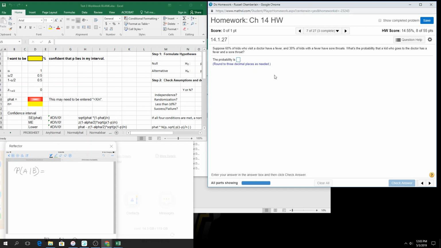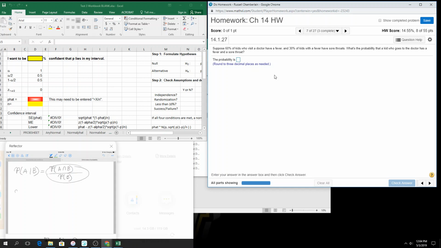Probability of event A happening, given that B already happened, that's the probability of A and B occurring at the same time, divided by the chance of B happening at all. Usually we see this formula after we've drawn a tree, but I want you to notice something here.